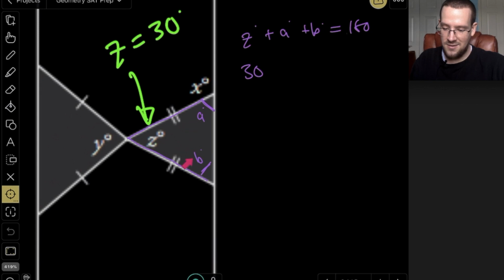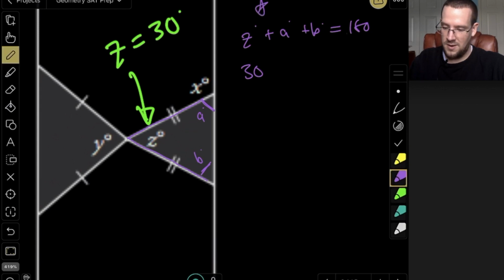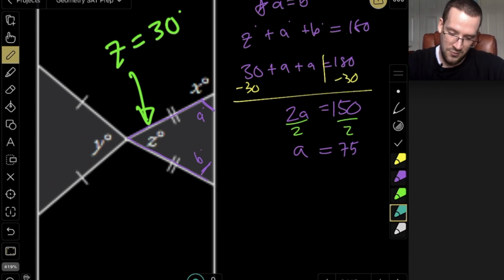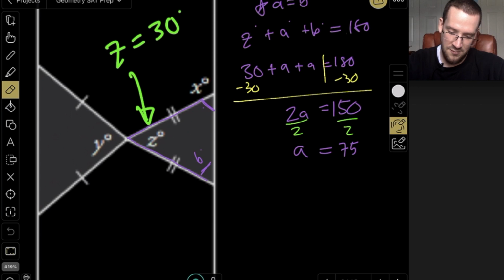Angle A is angle B. Remember that the equal sign is the word is. A is B. So this is A plus A is 180 minus 30, and angle A and angle B are equal to 75.